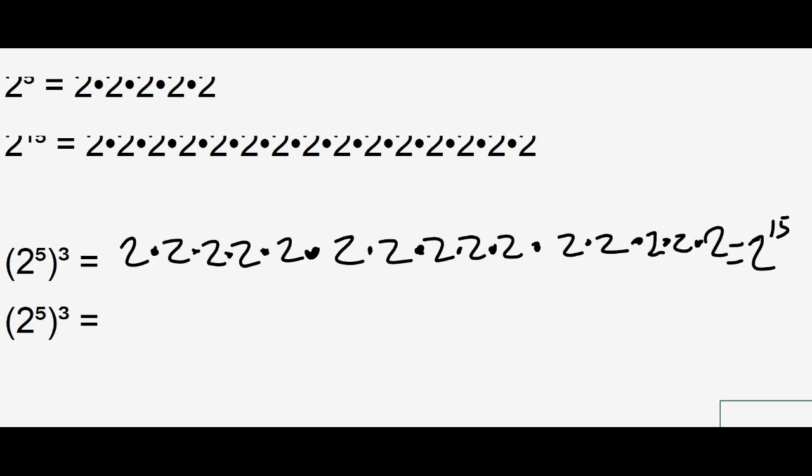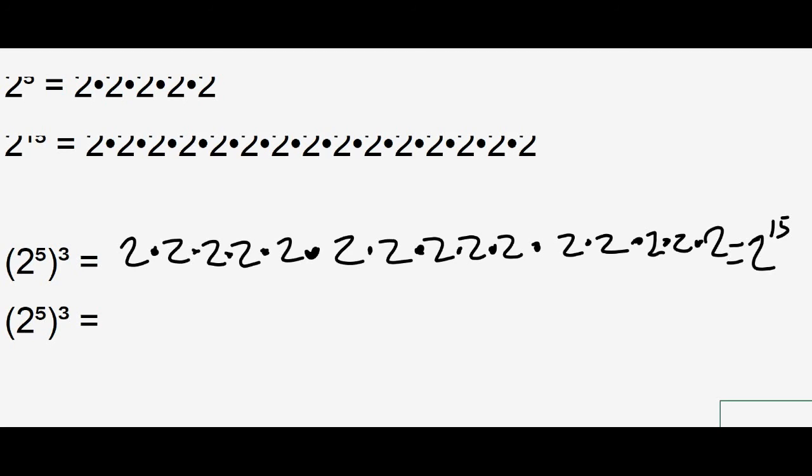Because I have multiplied 5 2's, there are 3 groups of 5 2's. 3 groups of 5 gives me 15.